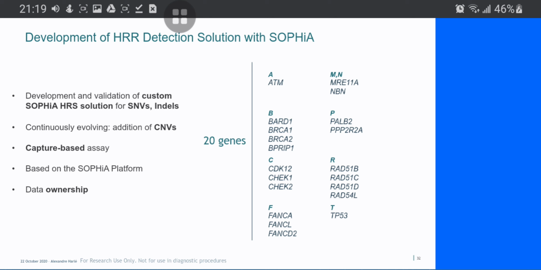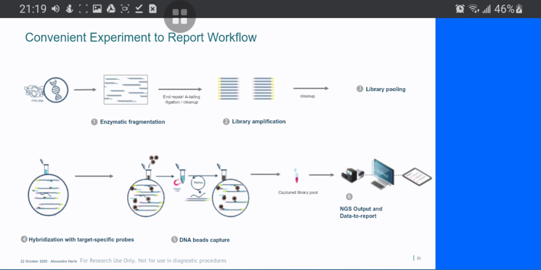So really briefly, to talk about the workflow for capture, the first step is samples. Then we use an enzymatic fragmentation. We do the end-repair, tailing, ligation, and cleanup to get the library, and after cleaning, we pool the library, then hybridize with target probes to sequence.